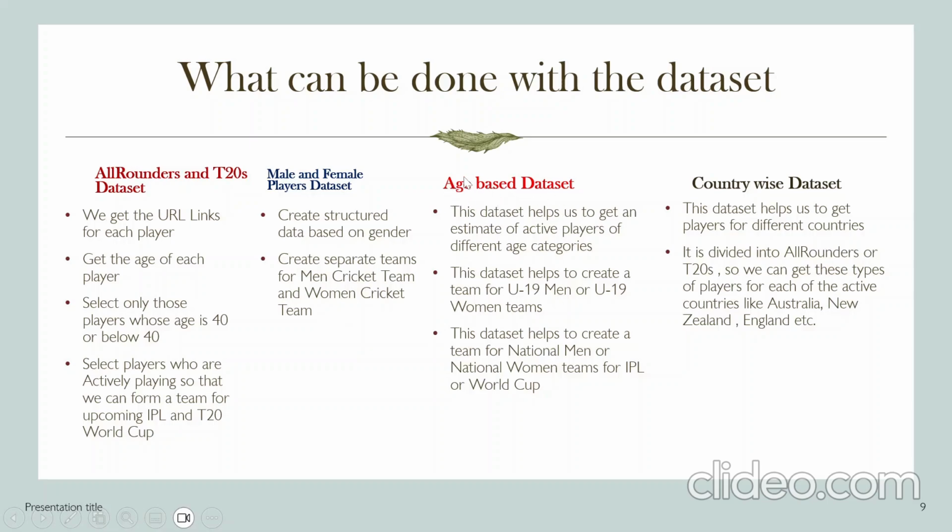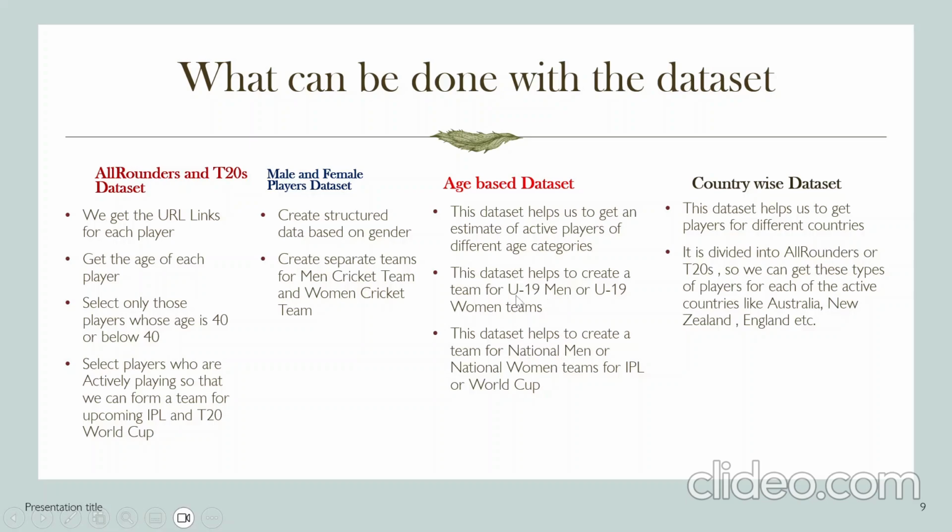Also, the data has been segregated based on age. So this data set will help me to create under 19 men or under 19 women teams, the matches that are held between different states, all those things.